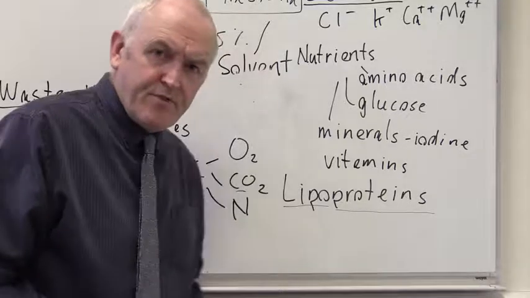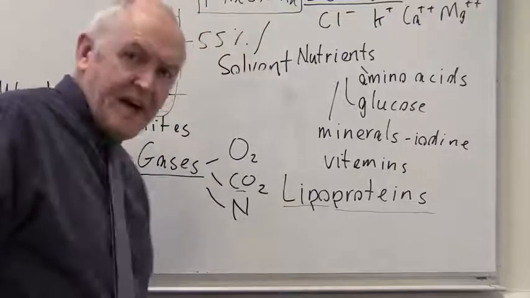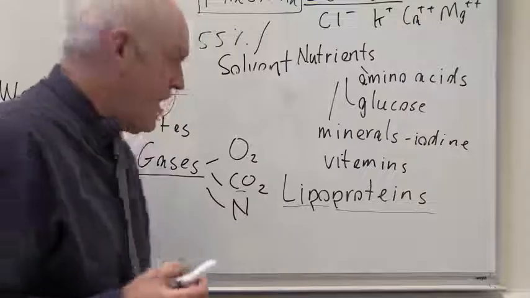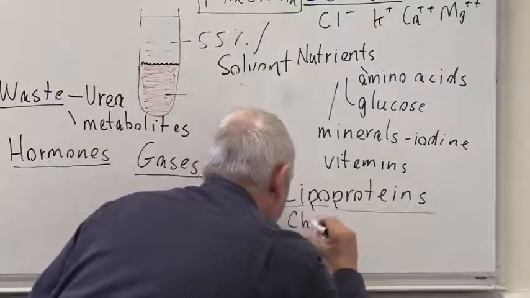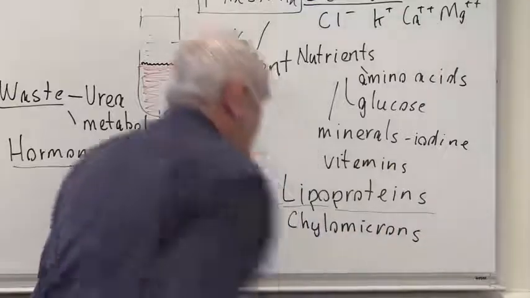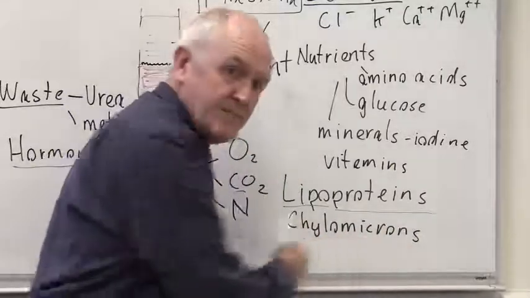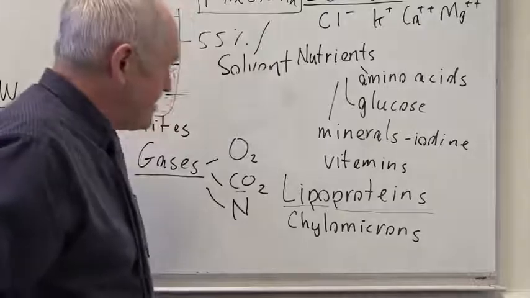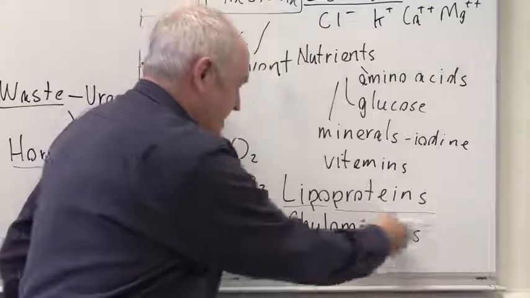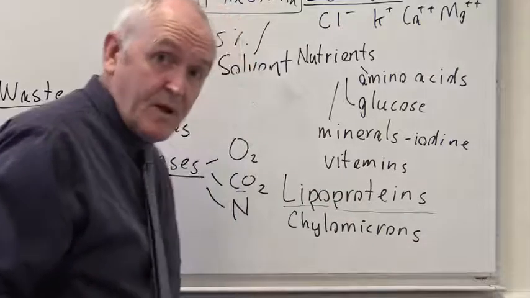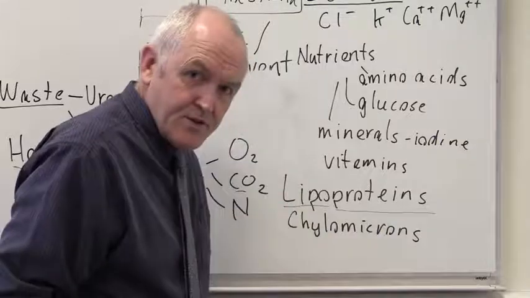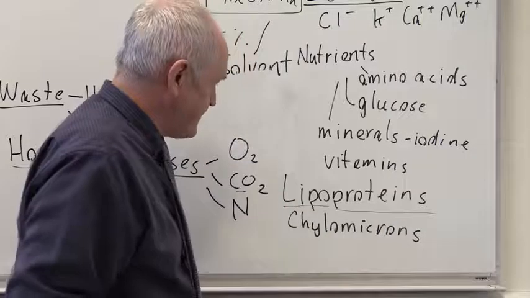So, for example, from the gut, the fats are going to be absorbed into the lymphatic system in the form of chylomicrons. These are going to go through the lymphatic system and enter the venous circulation and circulate as chylomicrons. Proteins packaging up fatty molecules for transport in the blood.